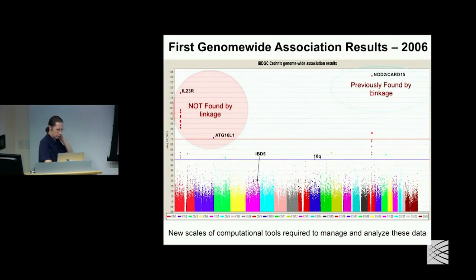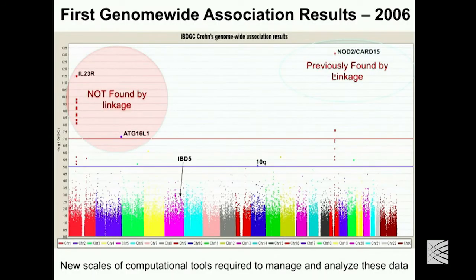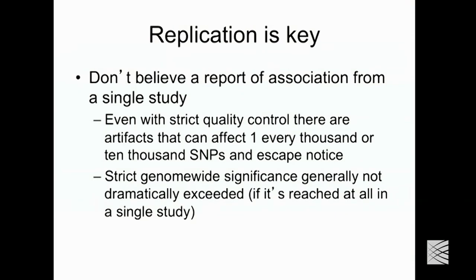So first genome-wide association results started to roll in 2005, 2006. And we were excited that there were actually some genuinely, seemingly new findings that came from a number of these. We quickly recognized that we had to see replication as a reliable marker of a result being genuine and true, and something we could then begin to invest seriously in biology.